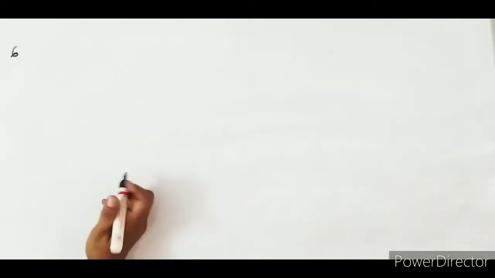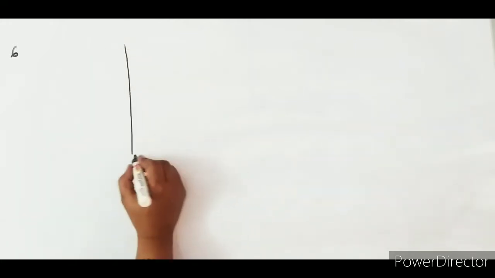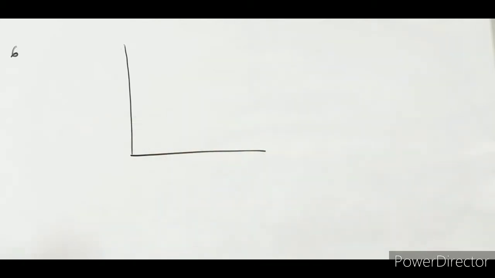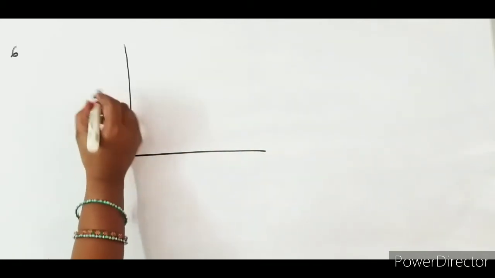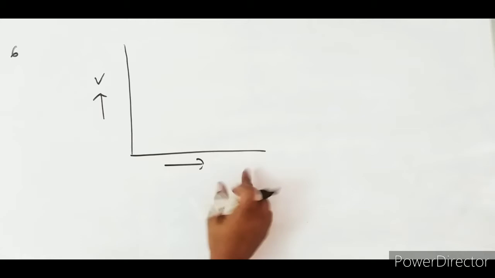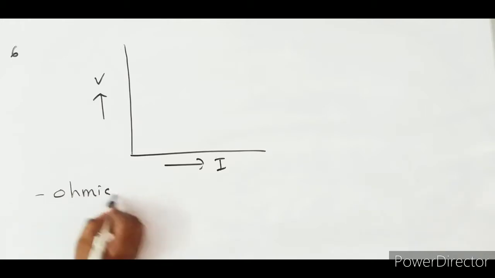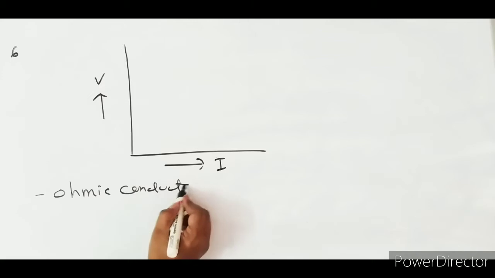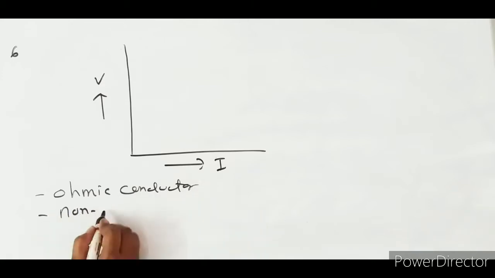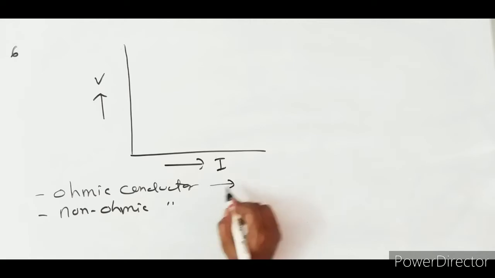Now let us see the slope of this V graph. Let this axis be V and this one be I. We have two types of conductors: one is the ohmic conductor, the second one is the non-ohmic conductor. What is an ohmic conductor?